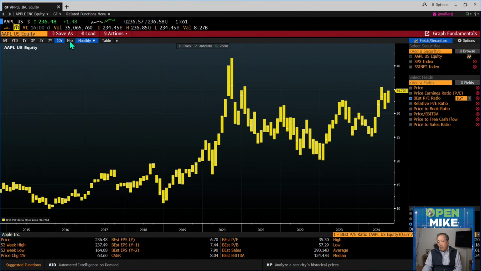Now, we'll also remember that there was a period where this thing was absurdly cheap. You can see back here when the thing was trading 10 times earnings. That was just ridiculous. And it was even more ridiculous when one considers that for a period of that time, the company was more than 30% cash. So if you extracted cash, it was even cheaper.